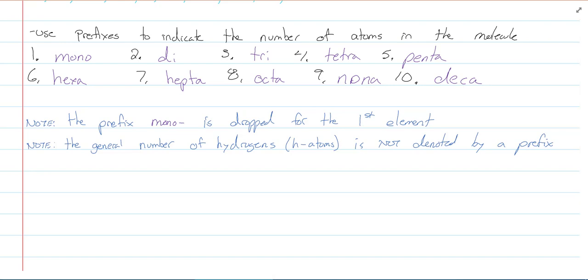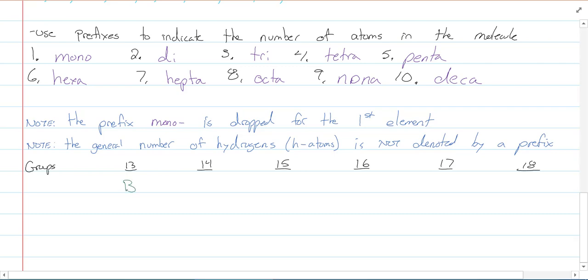If you look at the groups, you have group 13, group 14, 15, 16, 17, 18. I'll just use the first element of each in period 2: B, C, N, O, F, then Ne. So how many H's?